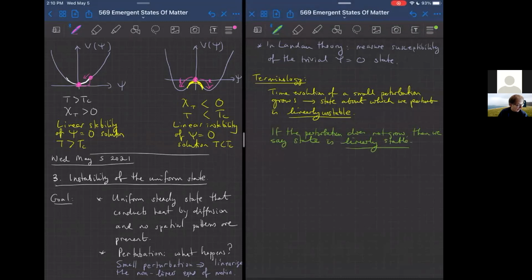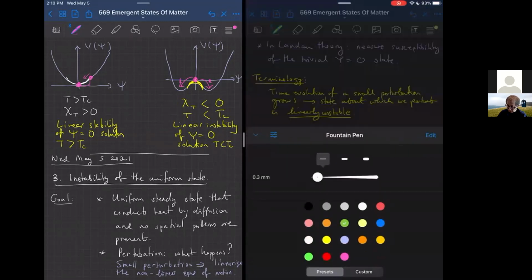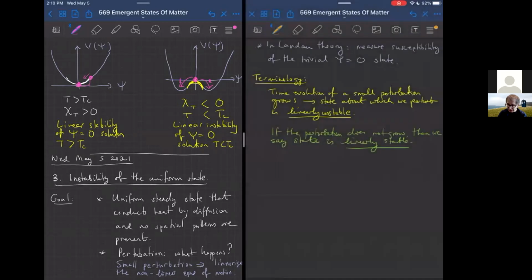Okay, so now what you need to understand is that just because you're linearly stable does not mean that you're actually stable. A state that is linearly stable may be non-linearly unstable.